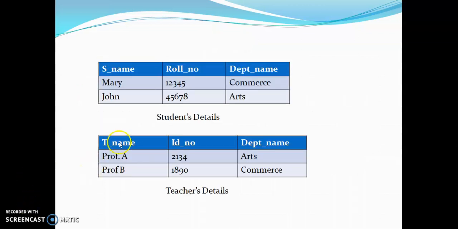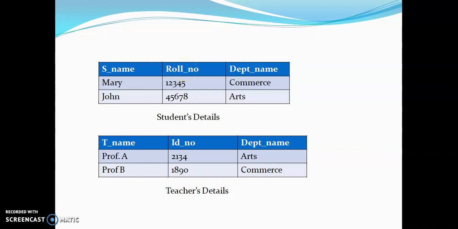Here, for example, we have the entity student, where I'm talking about the student's details. There's another entity, teacher, where I'm talking about the teacher details. This particular student details table comprises rows and columns. This student details table can be referred to as a relation. So this entire table can be referred to as a relation or table.